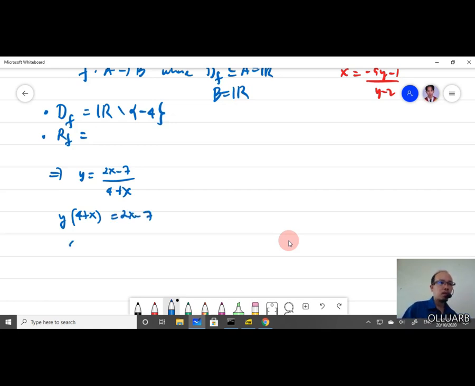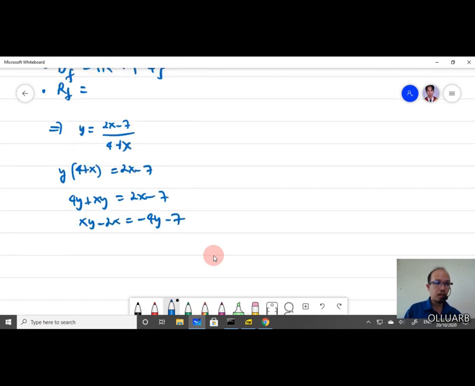So distribute, we have 4y plus xy equals 2x minus 7. Solve for x in terms of y, we have -4y minus 7. And then factor out the variable x. Okay, x times y minus 2 equals -4y minus 7. So x is equal to -4y minus 7 over y minus 2.